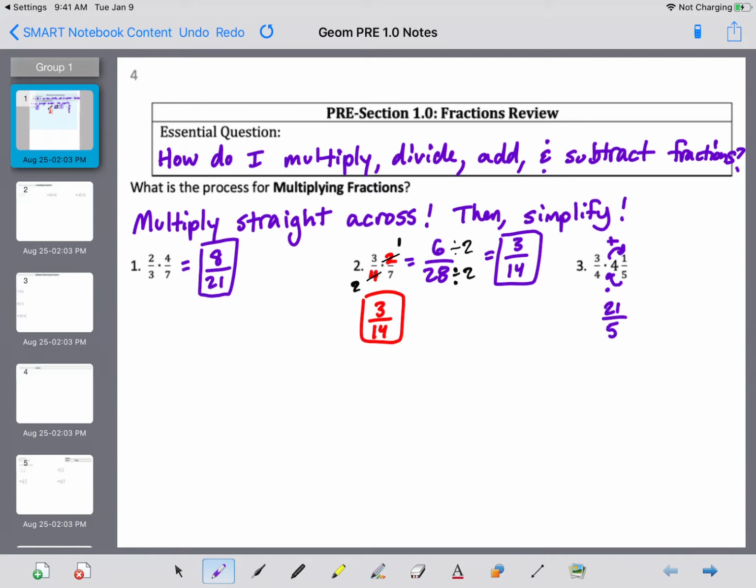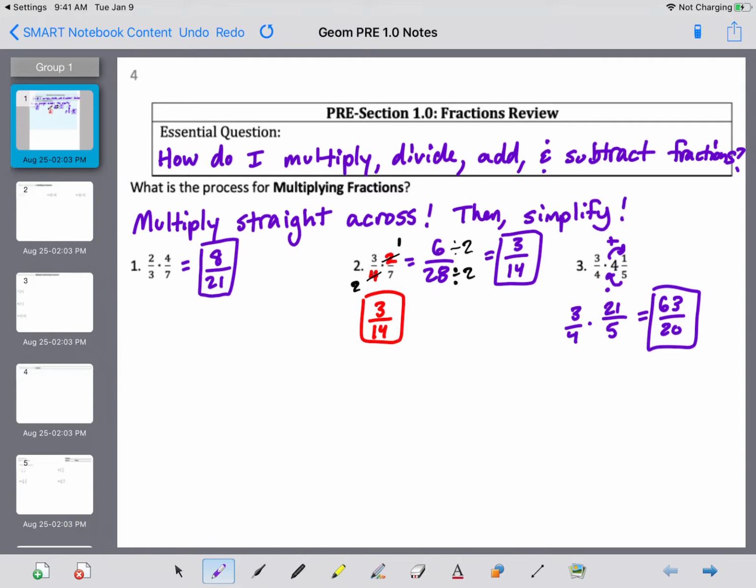That is the same improper fraction as 4 and 1/5. And then we're going to multiply that still by 3/4. If we multiply straight across, 3 times 21 is 63, and 4 times 5 is 20. There is nothing that you can divide both 63 and 20 by, so that's our answer.